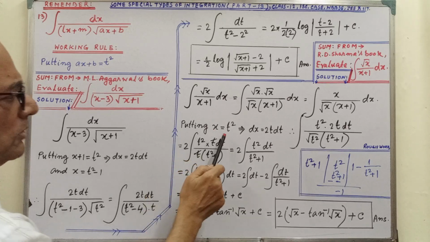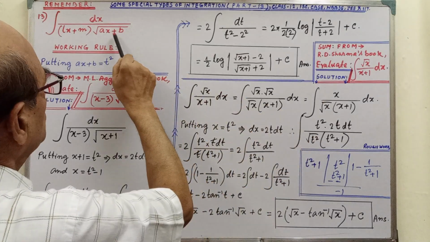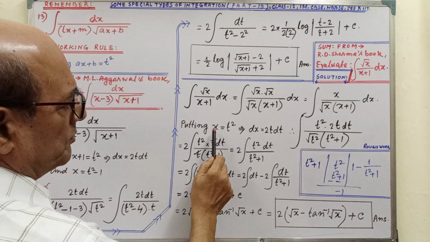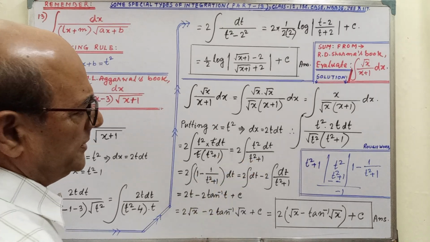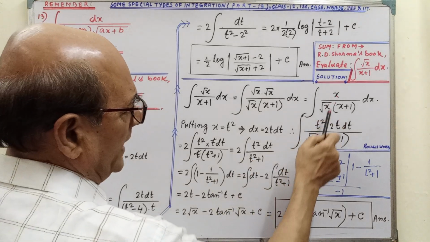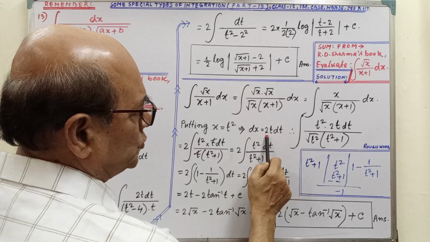Now putting x equal to t square, here also linear within root, that is x, so x equal to t square. So we have to differentiate it, that is dx equal to 2t dt. Now we have to substitute. In place of x we will write t square, and in place of dx we are getting 2t dt.